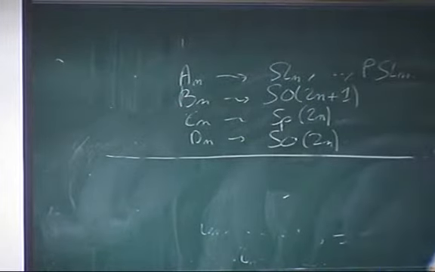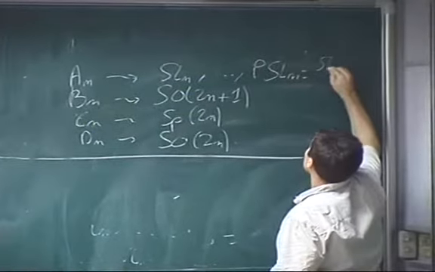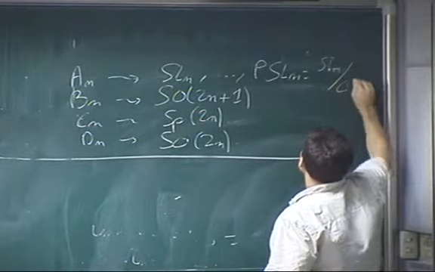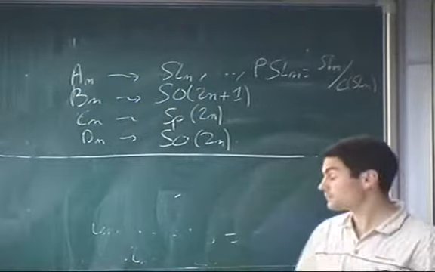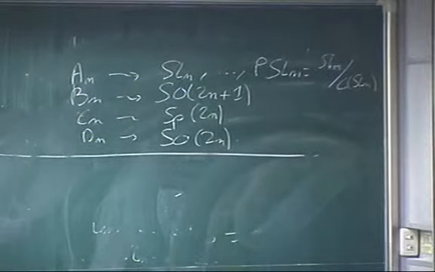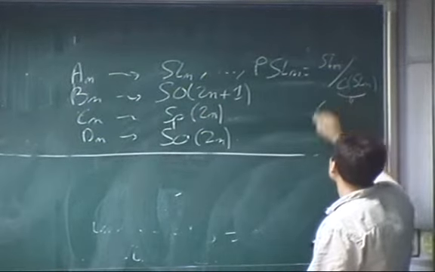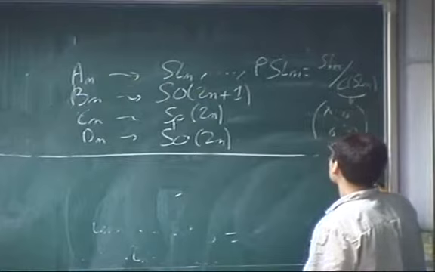If we look at PSLn, which is SLn quotiented by the center of SLn, which is diagonal matrices with roots of unity, the same root of unity. So the center is lambda with lambda to the power n equals 1.